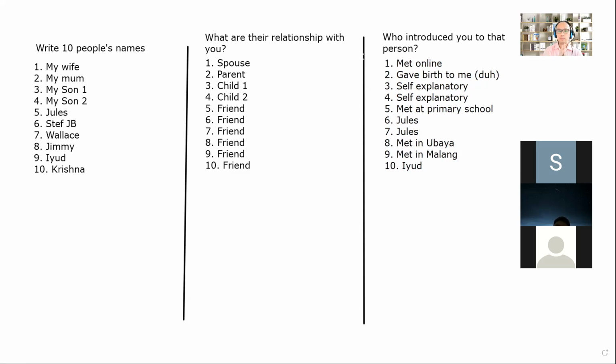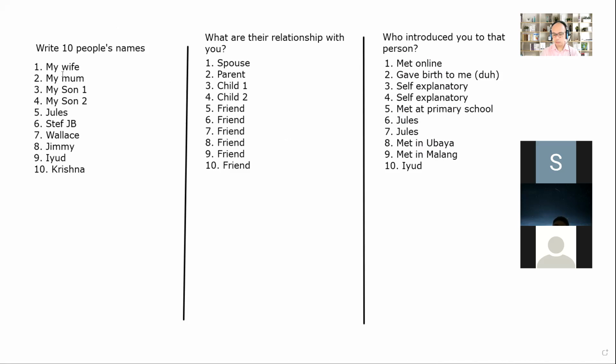Now, once you've done this, what I'd like you to do is flip your piece of paper over, or if you're doing this on a whiteboard or a note taking app like me at the moment, then you can start a new page.